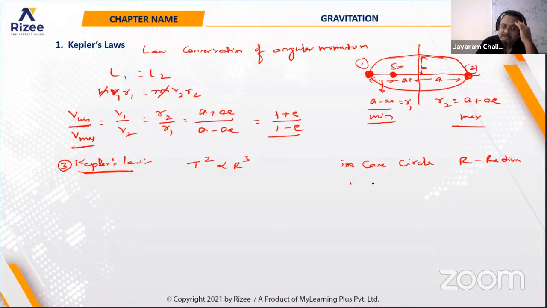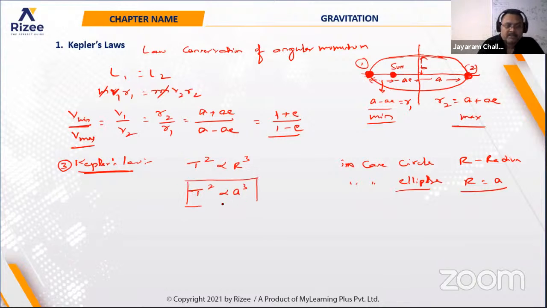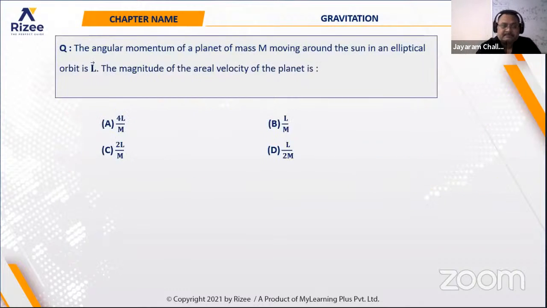Or else in the case of an ellipse, r should be equal to a, that is your semi major axis. In that situation you should write T square is proportional to a cube. So please be careful whether you are applying this relation for elliptical orbits or circular orbits. So these are your three Kepler's laws.